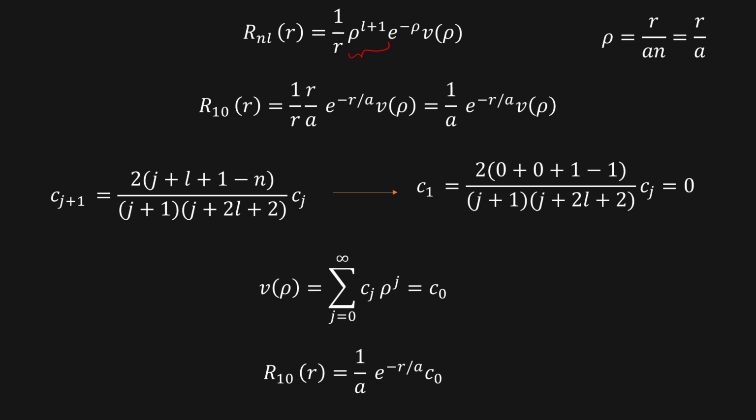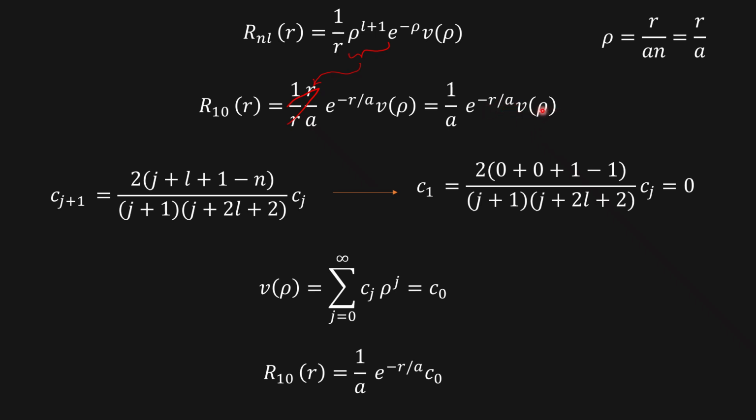Rho is equal to r by a, that I have written here. In addition, there is already 1 over r, so this r and this r cancel out. So this becomes 1 over a, e to the power minus r over a, v of rho.